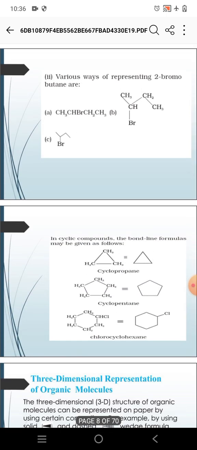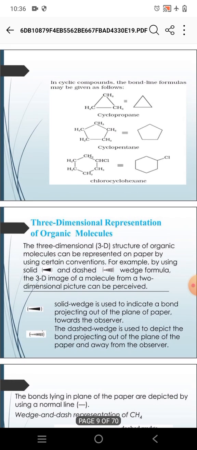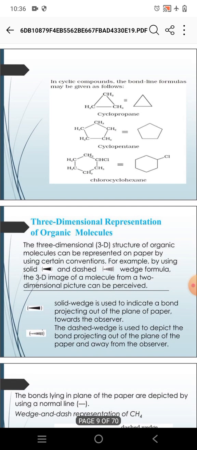Then another way of representing 2-bromobutane. Here is the chain structure of 2-bromobutane, and there is the Br, which represents the zigzag structure of 2-bromobutane. Next, in cyclic compounds, the bond line formulas may be given as follows.